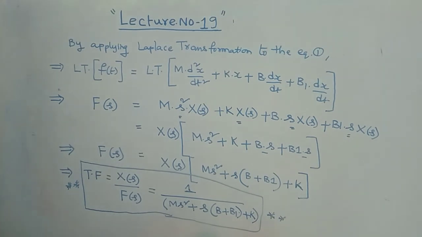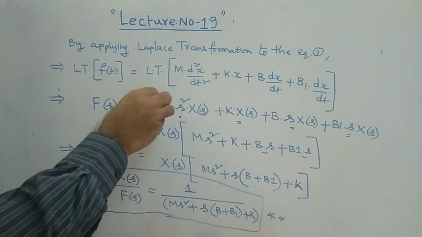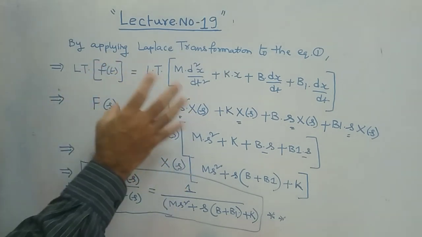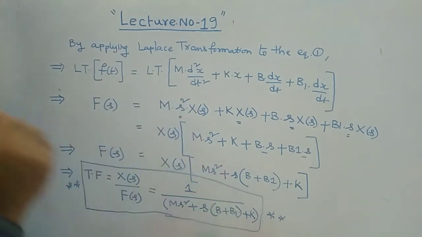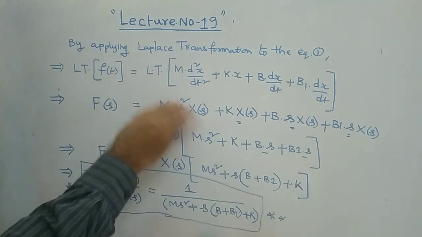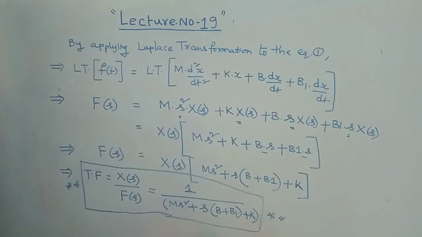That we will see in the next presentation. So with this I will close this presentation with this simple example. I think you understood the basic concept of the mechanical translational system. If you understood this, you have understood the concept of the mechanical translational system itself.